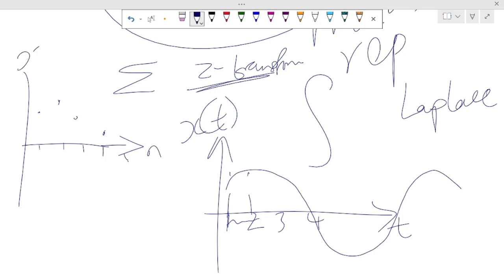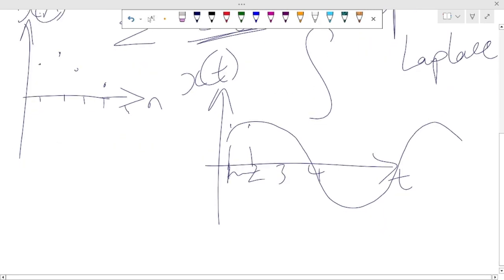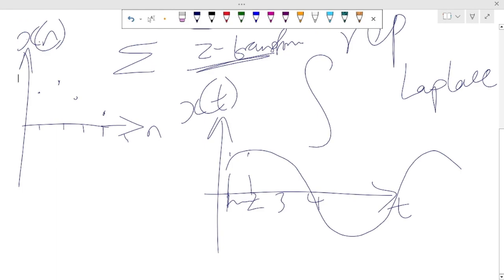So here will no longer be x of t, but x of n. Some textbooks make use of k instead, so here would be x of k. But let's just go with x of n because that's what we have in our material.